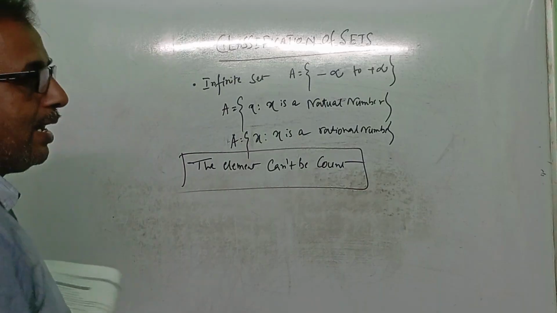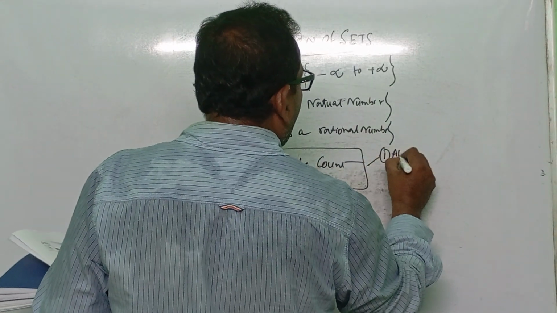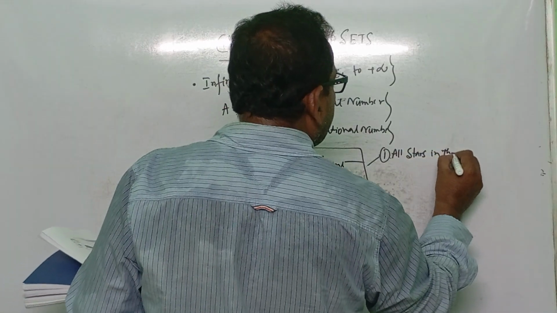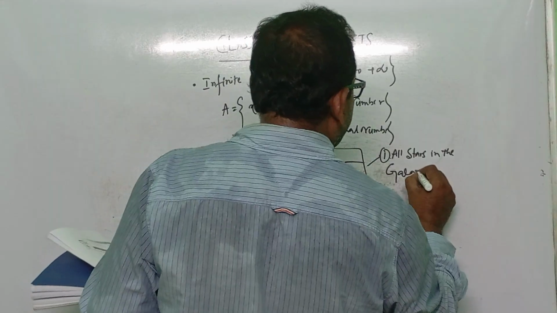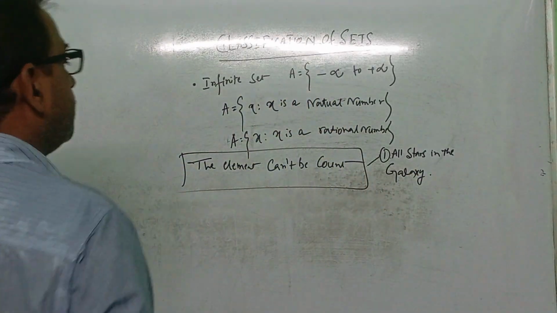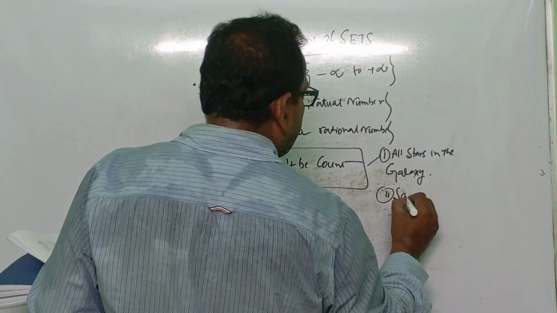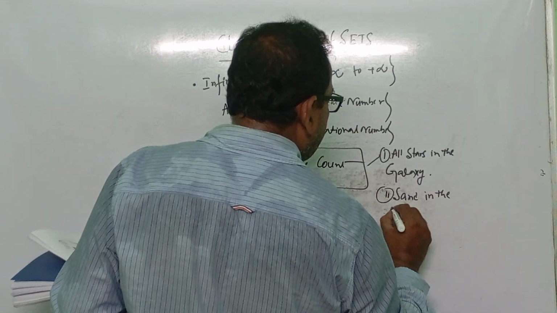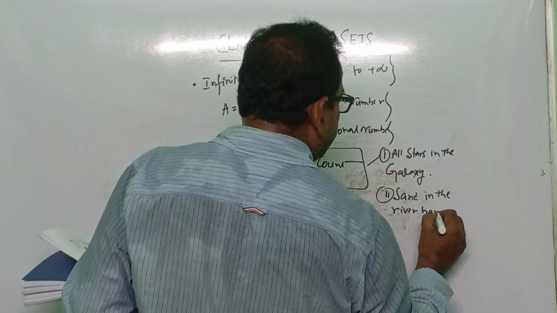For example, all the stars in the galaxy, or number 2, the sand on a river bank.